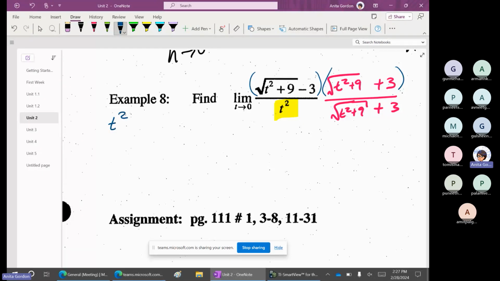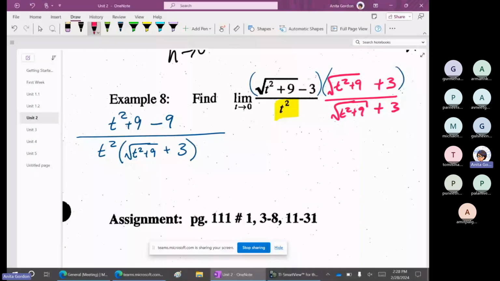So this is going to be t squared plus 9 minus 3 times 3, which is 9, all over t squared, and I'm just going to leave the bottom in brackets, the square root of t squared plus 9 plus 3. Yes, 9 and 9 go away. I have a t squared on the top. I have a t squared on the bottom. Now I can factor them away.